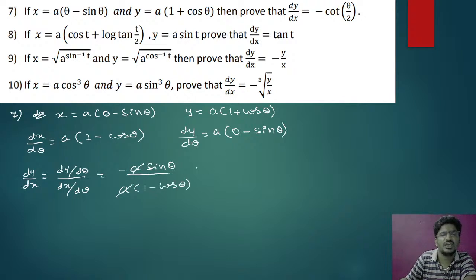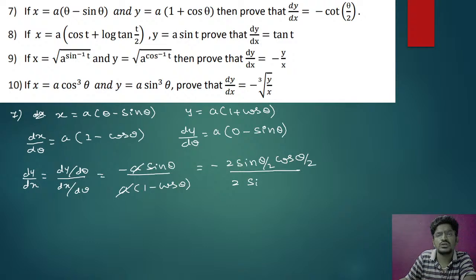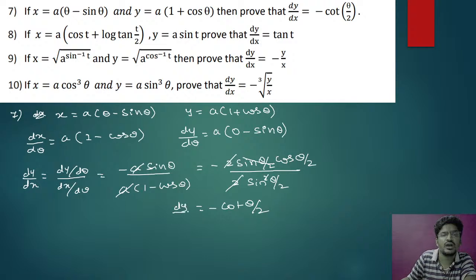Cancel a and a. So minus sine theta will be 2 sine theta by 2 cos theta by 2 divided by 2 sine square theta by 2. So cancel 2 and 2. Sine theta by 2, sine theta by 2. Now this will be equal to minus cos by sine is cot theta by 2. So this is our required answer, that is minus cot theta by 2.